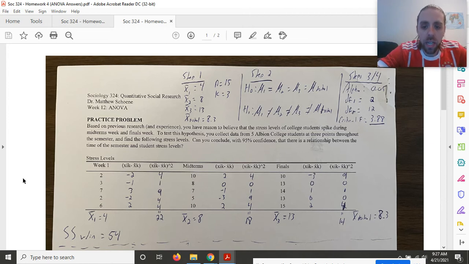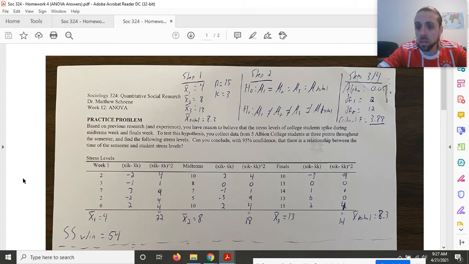The alternate hypothesis, these things don't equal each other. Mu1 does not equal mu2, does not equal mu3, does not equal mu total. So using the alpha characteristics of 0.05, I was asked with 95% confidence, and a degrees of freedom of 2, 12.